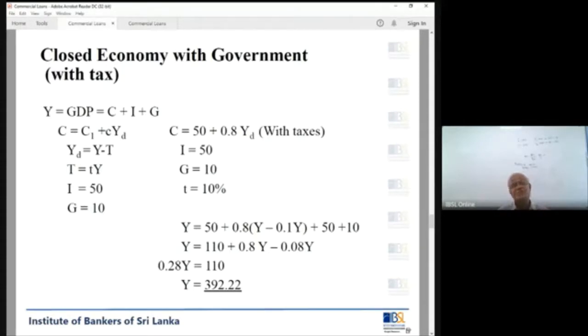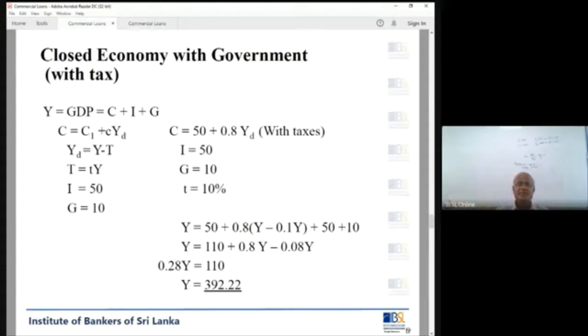What is disposable income? The real actual income that you can use to buy goods and services. After-tax income is disposable income. YD is defined as Y minus T. An example: let's say income is 10 lakhs.